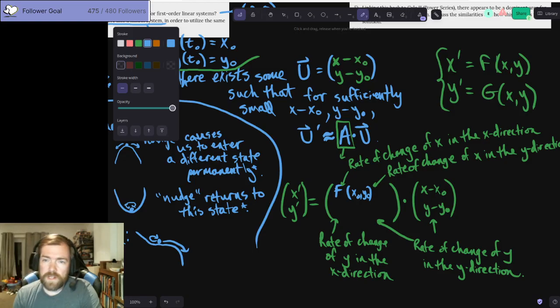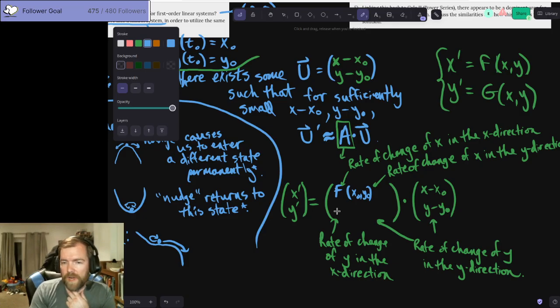So this is going to be taking the essentially first order partial derivatives of our rates of change and then applying them to our transformation.